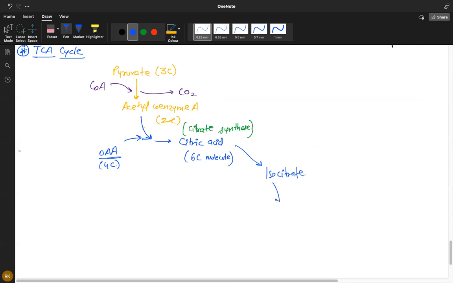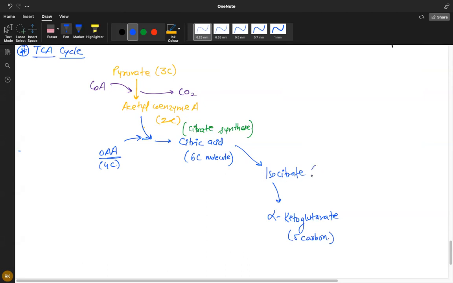And then from isocitrate, it forms a very important molecule called alpha ketoglutarate, alpha KG. This is an important molecule. Why is this an important molecule? Because it is a 5-carbon molecule.